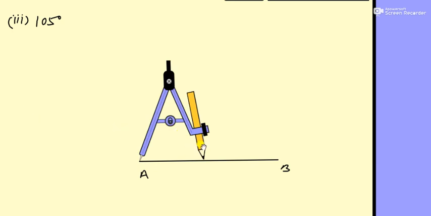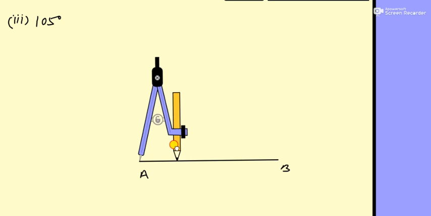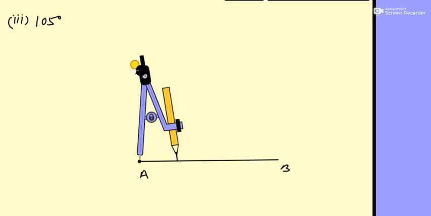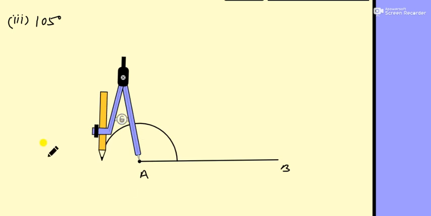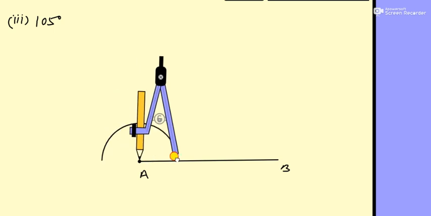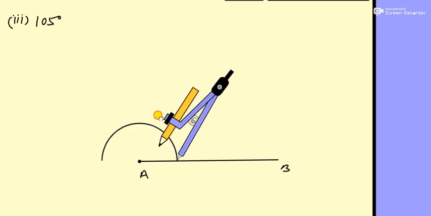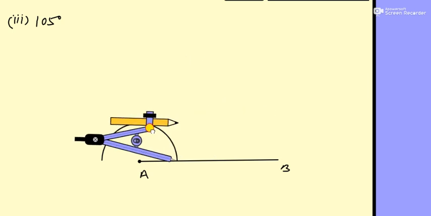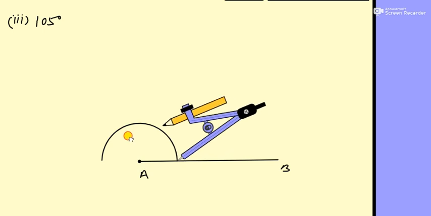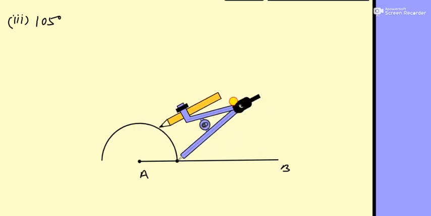Now the compass is here. Now take some distance less like this and draw here. You can draw an arc like this. Yes, it is very simple. Now take this compass at this point and once again make an arc here. So take the distance here and make an arc like this.